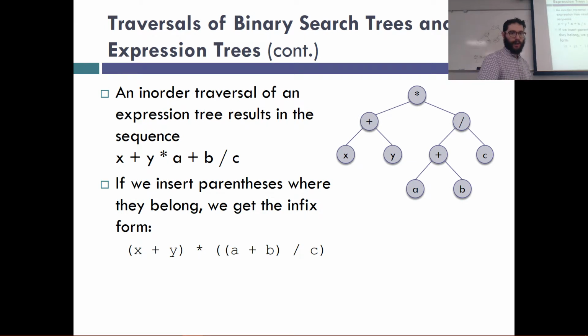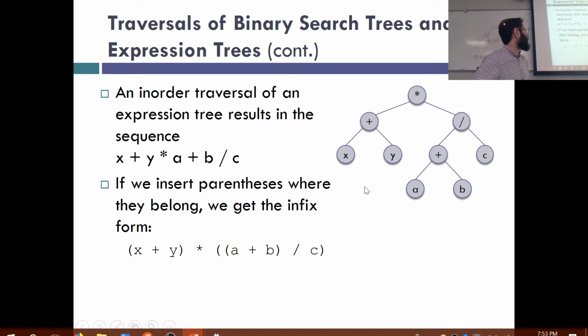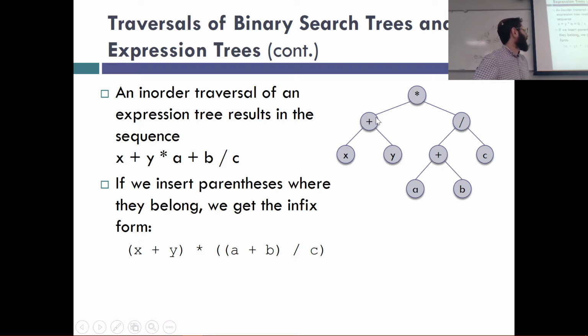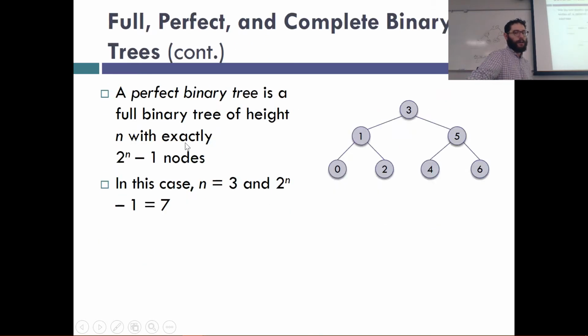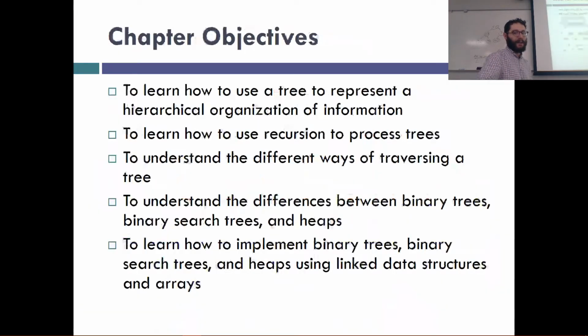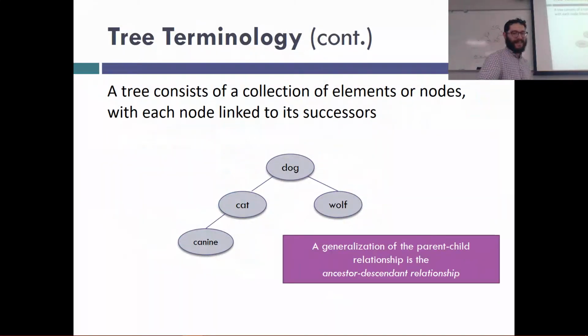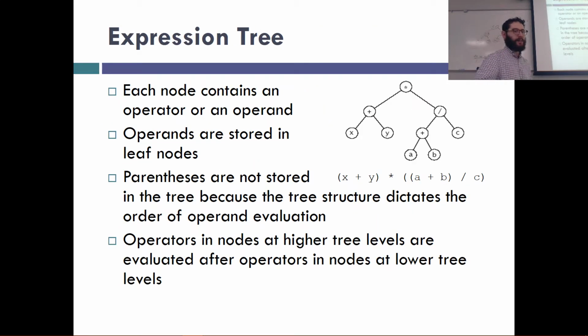So we went through that. What's cool about this, and this will be the last thing before I let you guys go, is that we can have these things called expression trees, where basically we take algebraic expressions. That was all the way back at the beginning of this lecture.